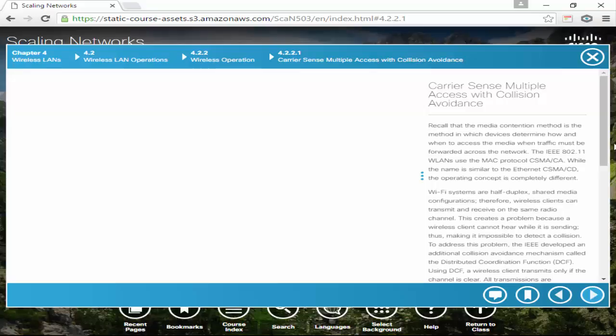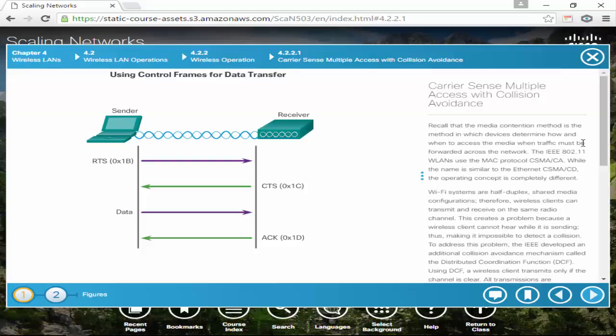Alright, so here's our collision avoidance in a nutshell, right? So how does it work? Here we go. Well, now it does look like we're still using those control frames for it, but it's not what they said on that last one.